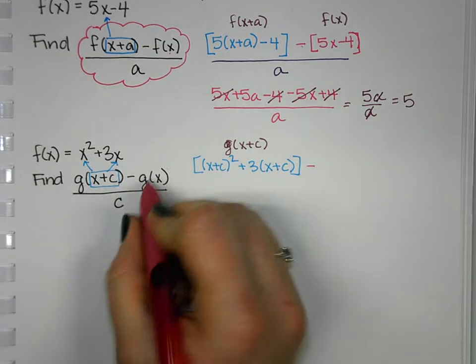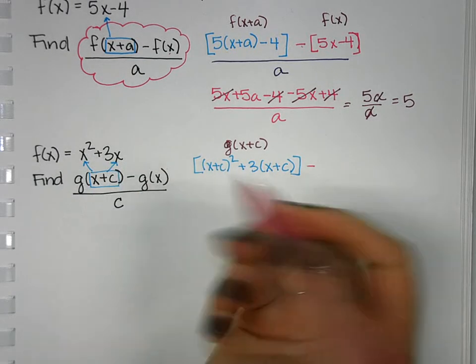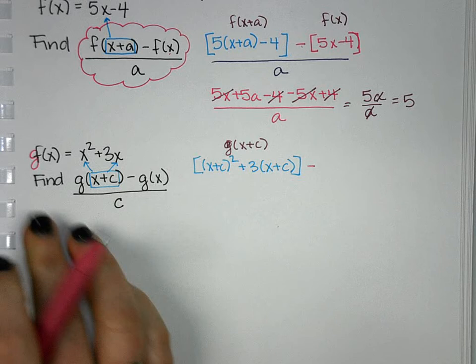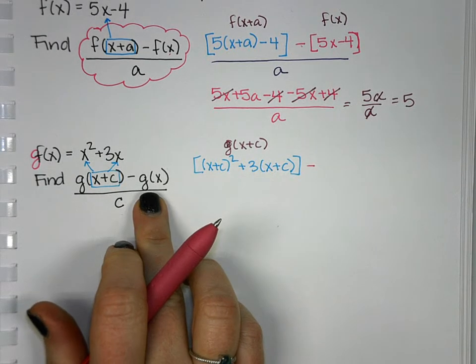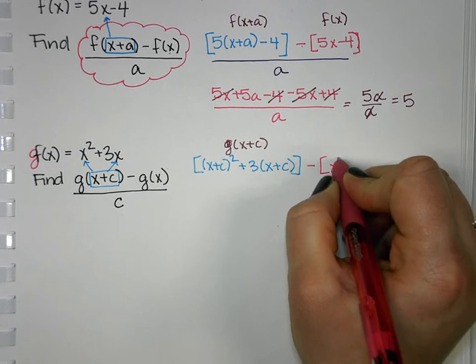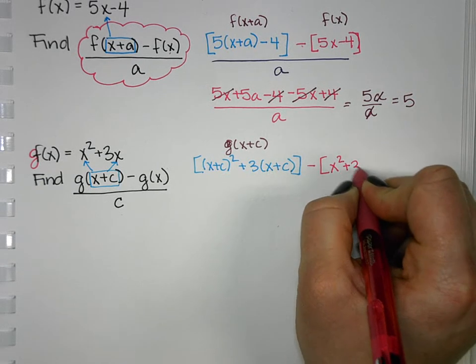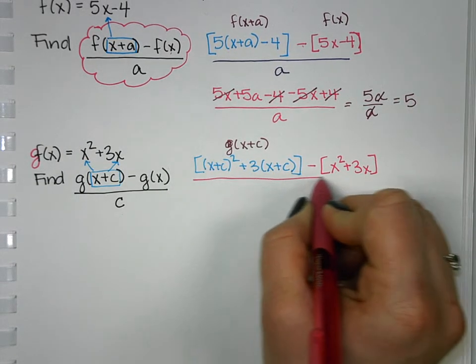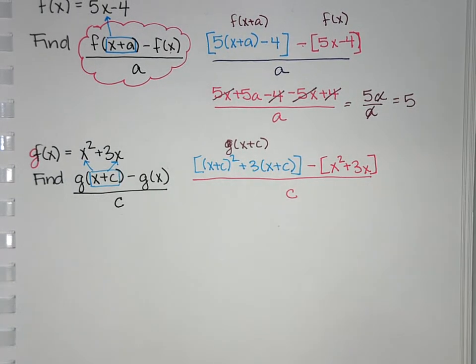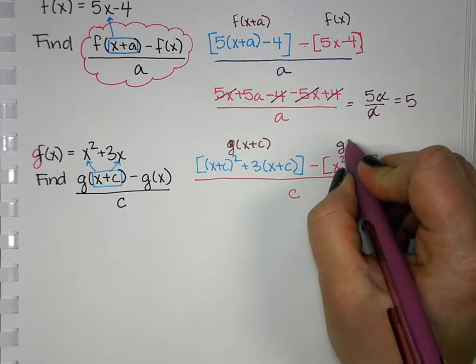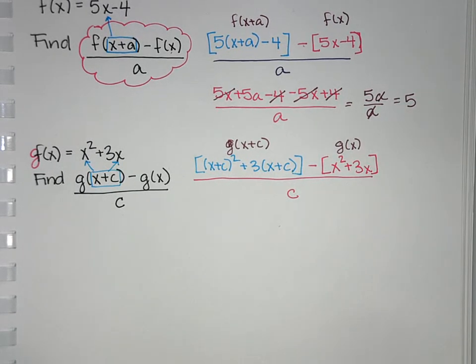Minus, next up is our g of x. Oops, this should have been a g. Our g of x would just be our equation as it is, x squared plus 3x, all over c. So we have, this is our g of x plus c, this is our g of x, and we have our constant on the bottom.